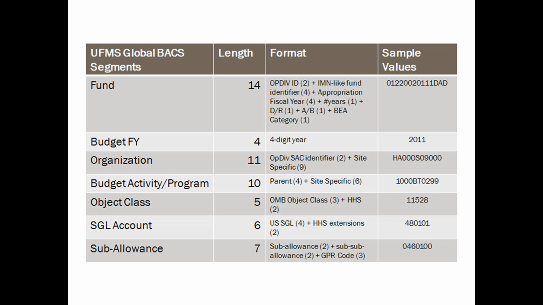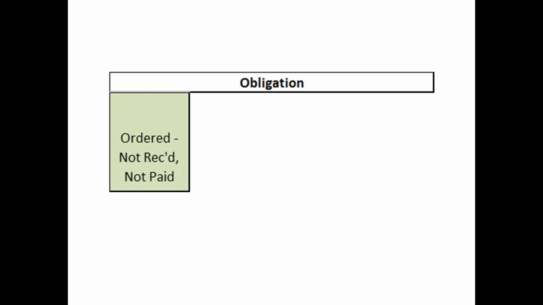So, where does the outlay fit in? In order to properly understand the outlay event, we need to take a closer look at the obligation event. From an accounting perspective, the obligation is broken down into 4 basic sub-events. You order something, but you haven't received it or paid for it.